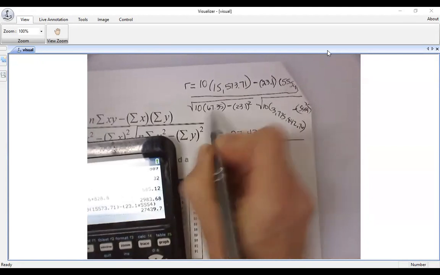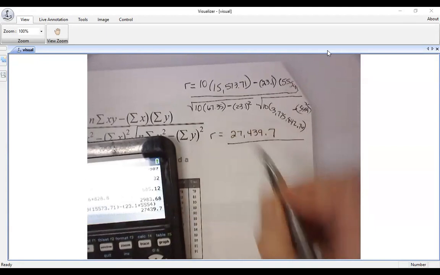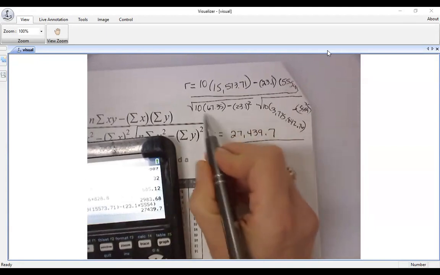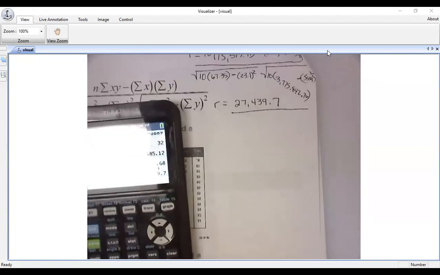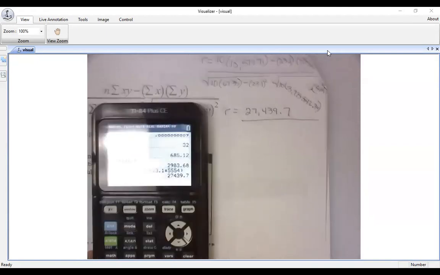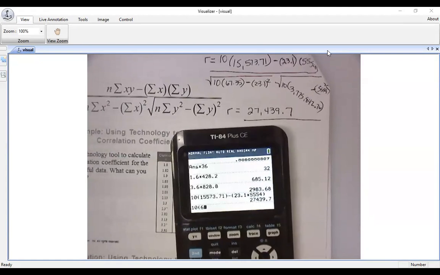My denominator is going to have 2 square roots. I would recommend we just get the number that goes under each square root right now. So if you take 10 times 67.35, and then subtract the 23.1 squared, I get 139.89.